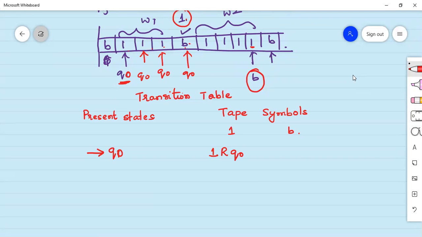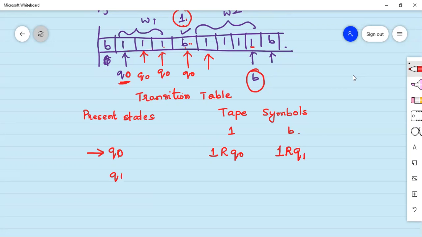No major decision like that. So we'll keep it as Q naught. If you get B, what will you do? You have to replace B by 1. So I replace B by 1 and then I have to continue moving towards right itself. But now it's a replacement. So a major change that has happened. So let us change the state to Q1.